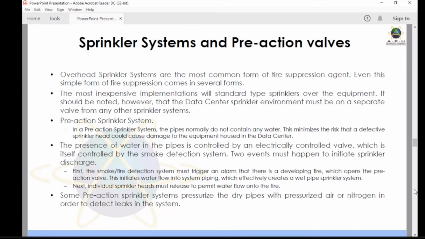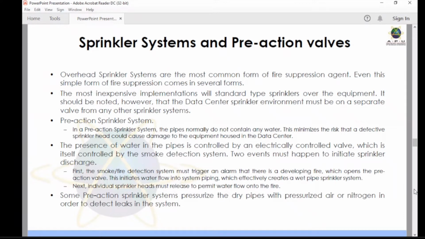So when that valve is activated, only then is there a flow of water or gas or mist through that pipe to put out the fire. So that is known as pre-action valves.